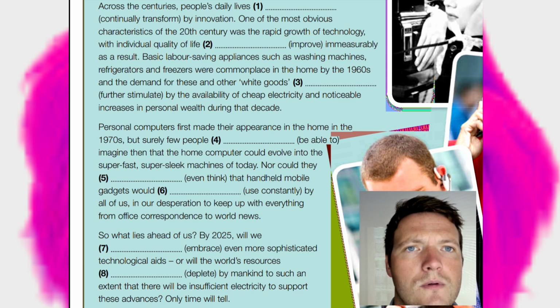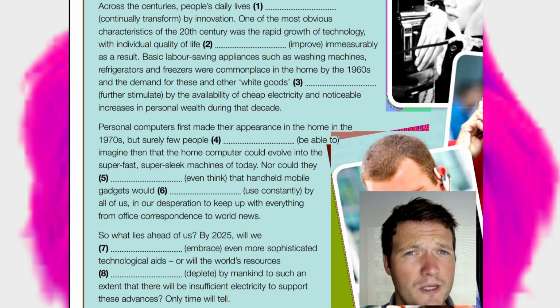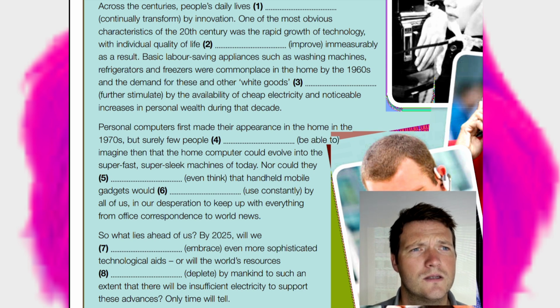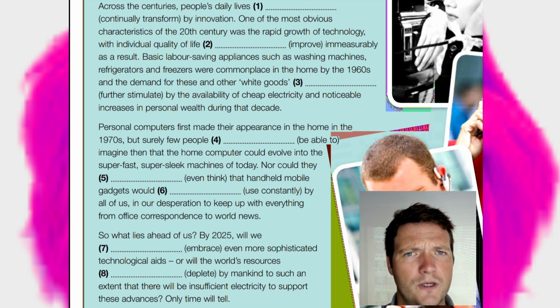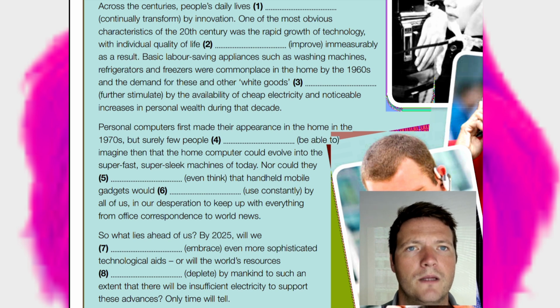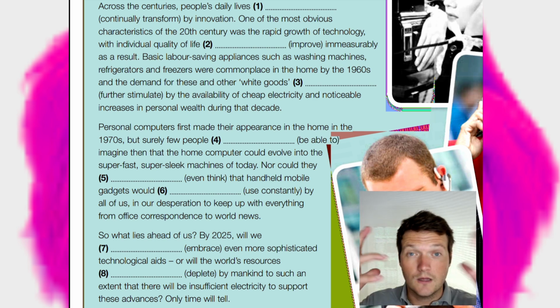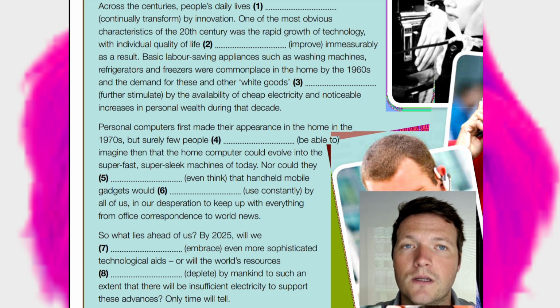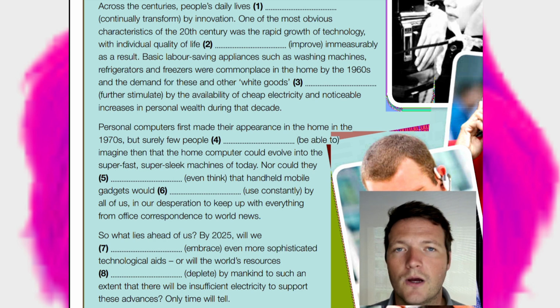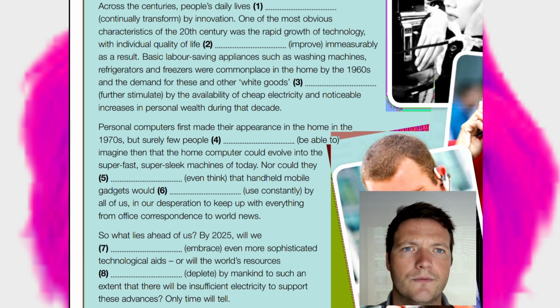The demand was further stimulated, I guess. Yeah, was further stimulated by the availability of cheap electricity and noticeable increases in personal wealth during that decade. Okay, I think there might be more than one correct answer in a number of these. So again, if you've got any doubts, leave a comment under the video.